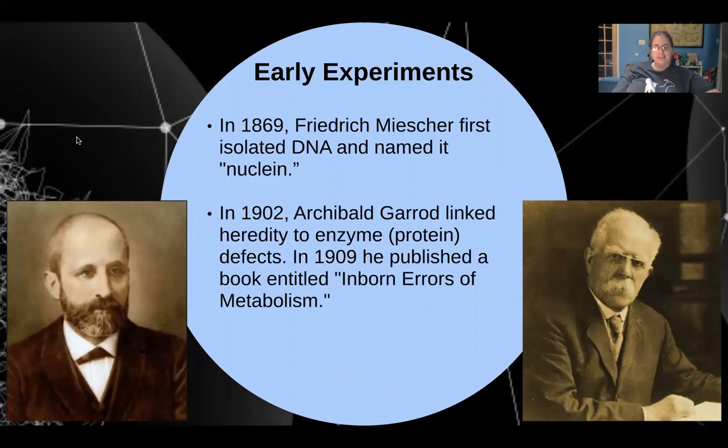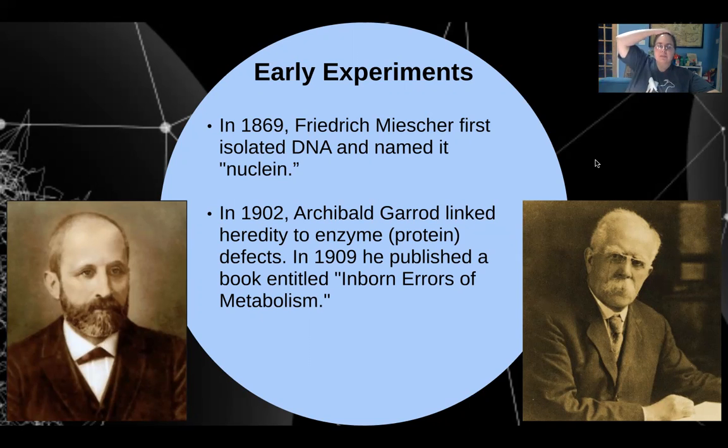Skip forward to 1902, we have Archibald Garrod. Right here we have Miescher, and over here on the right, that's Garrod. Garrod was the first person to really link heredity to enzymes, which are a type of protein, and specifically to defects in the enzymes. In 1909, he published a book entitled Inborn Errors of Metabolism.